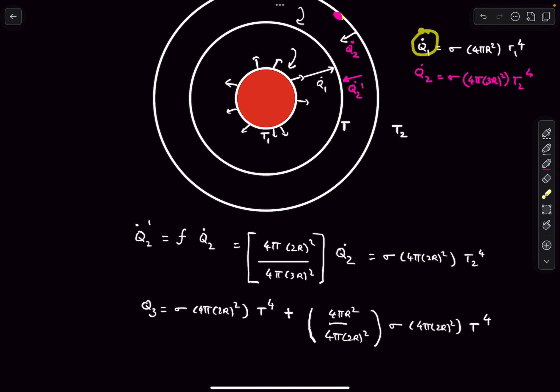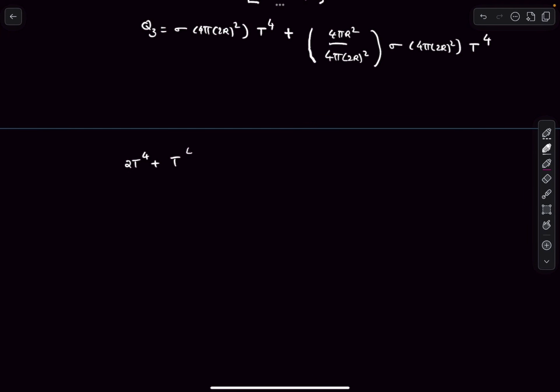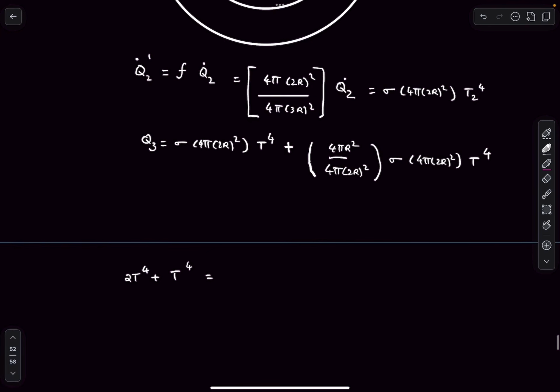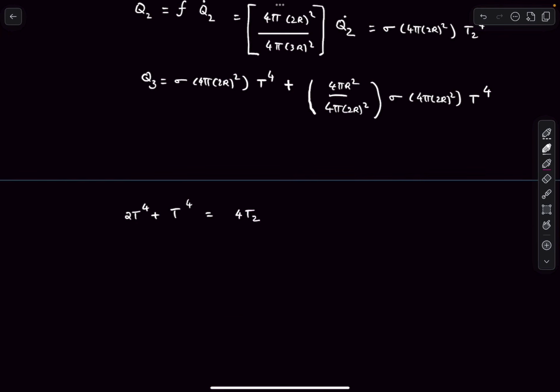Q1 dot and Q2 dot prime are the heats that are incoming, and Q3 is the total heat that is leaving. So all we have to do is equate the incoming to the outgoing. We can cancel out the sigma 4 pi and the r squareds. So we have 2 T to the power 4 plus T to the power 4 equals, from the Q2 prime, if we cancel out sigma 4 pi r squared, a 4 T2 to the power 4.